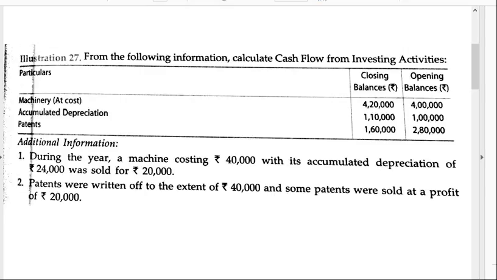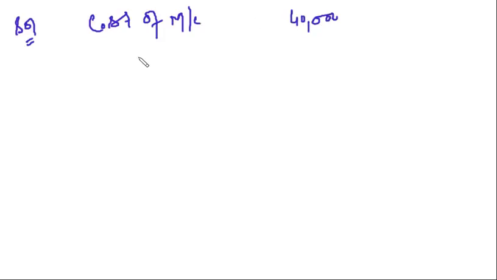Now, can you tell me the profit on sale? What is the cost of machinery given? It is 40,000. What is accumulated depreciation? That is depreciation that has been accumulated over the years. So what is the book value?